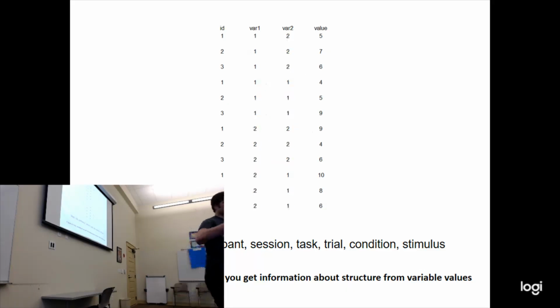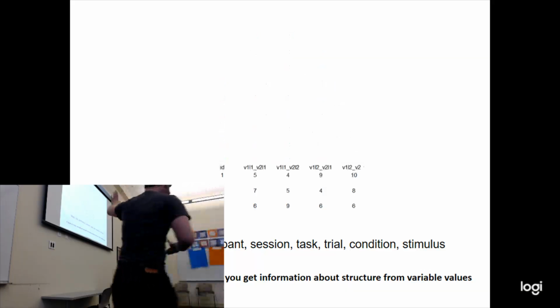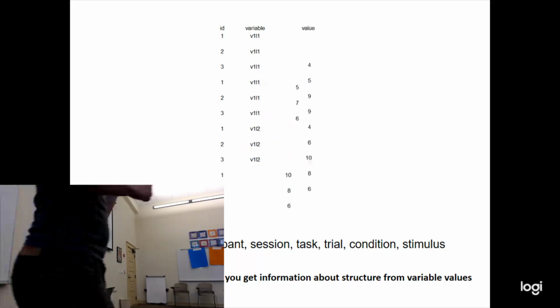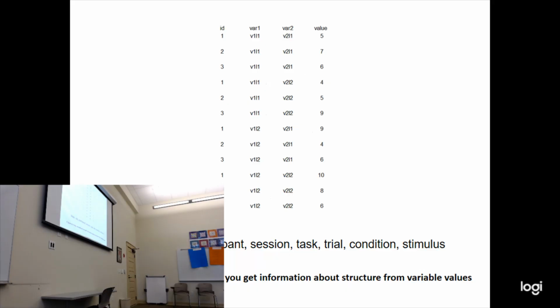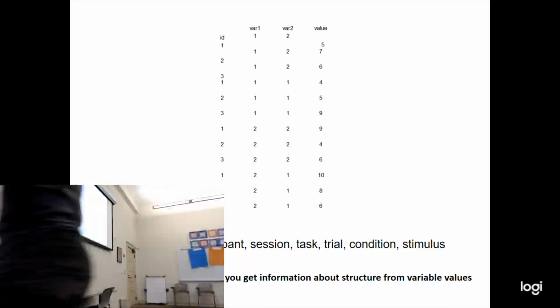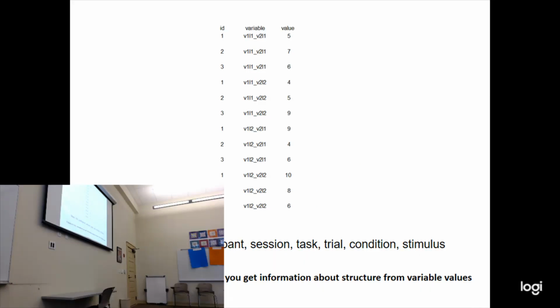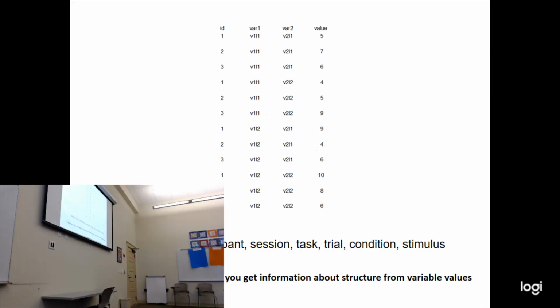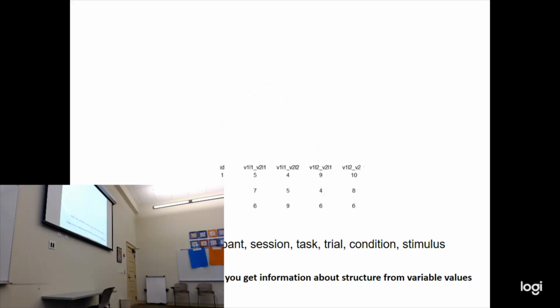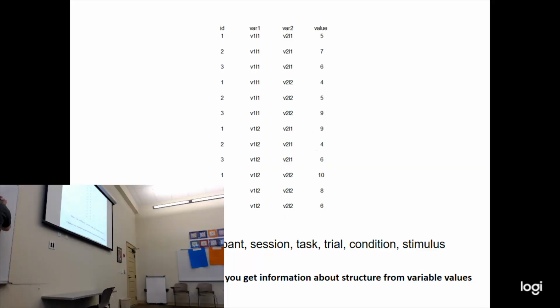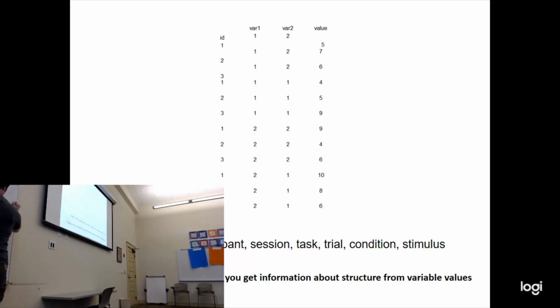To be a little bit more concrete about this, if I have depression measured at two times, in the untidy format, I need to have two separate columns: depression time 1 and depression time 2.